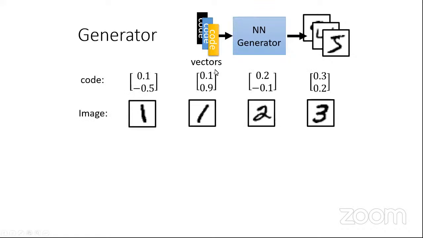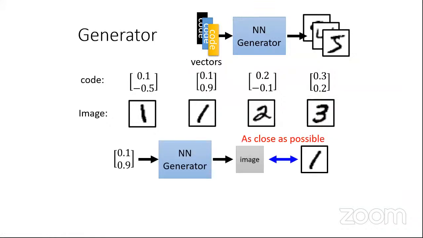The generator is trying to relate certain code vectors with certain images from a latent space. Initially, the code vectors are just sampled from a random distribution. So the neural network generator tries to create an image which should be as close as possible to an actual image.